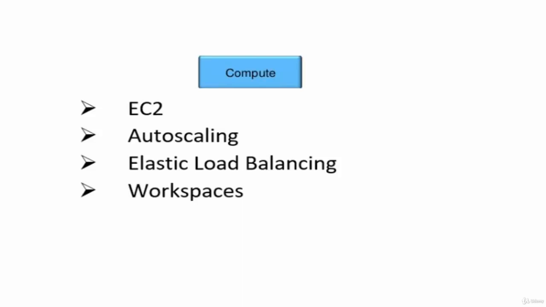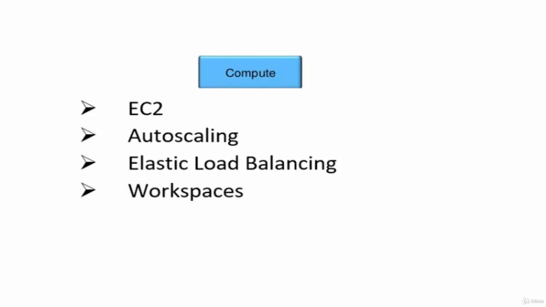Elastic load balancing is basically the load balancer we use in our on-premise environment. But the difference here is that it will do a regular health check of all the nodes connected to it. And if some node is not healthy, it will not pass the request to that node.